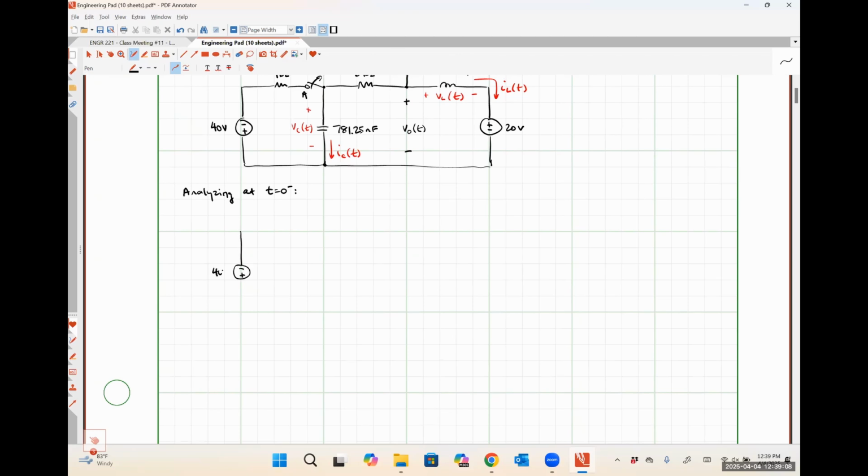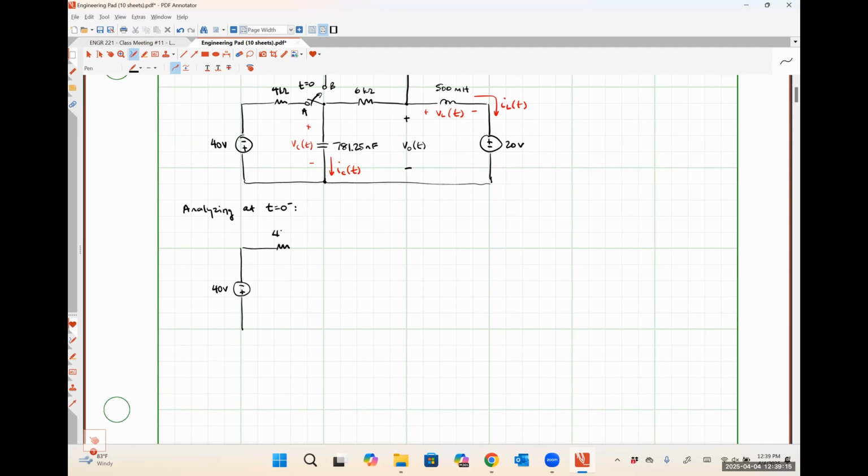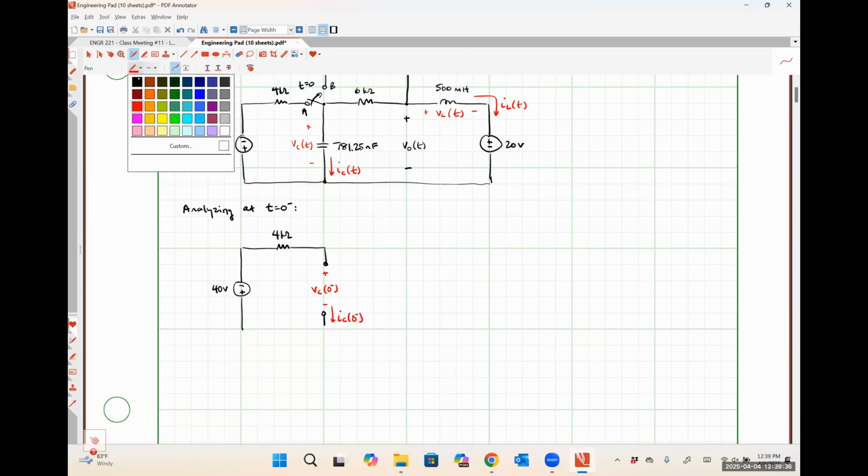So I've got my 40-volt source down here, positive polarity on bottom. This is my 4 kilo ohm resistor. This open circuited set of terminals here represents my capacitor voltage. So this is, or excuse me, my capacitor. So this is VC at 0 minus, and this is IC at 0 minus. Across here, I have my 6 kilo ohm resistor.